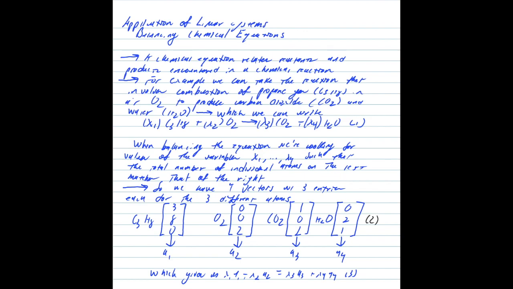So we have the coefficients plus these vectors for the molecular species, and we're going to have x1 a1 plus x2 a2 equals x3 a3 plus x4 a4. And in this equation, we have that the x variables are going to represent the coefficients in the chemical equation. And we want x variables such that when we add up all of the numbers of atoms, the carbon atoms on the left should equal the carbon atoms on the right, and same for hydrogen and same for oxygen.